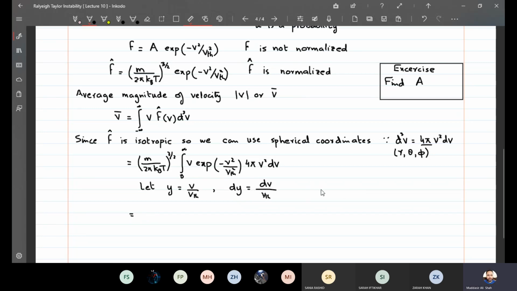I am defining v thermal square as 2 kBT by m.